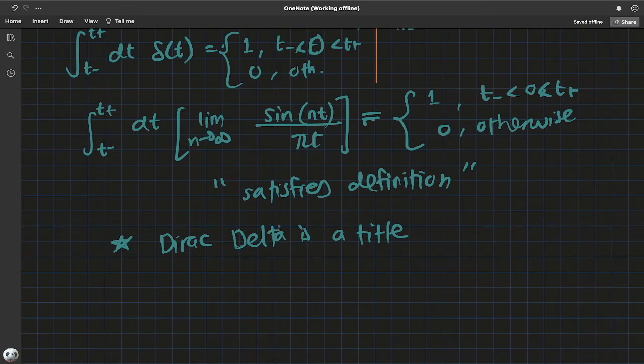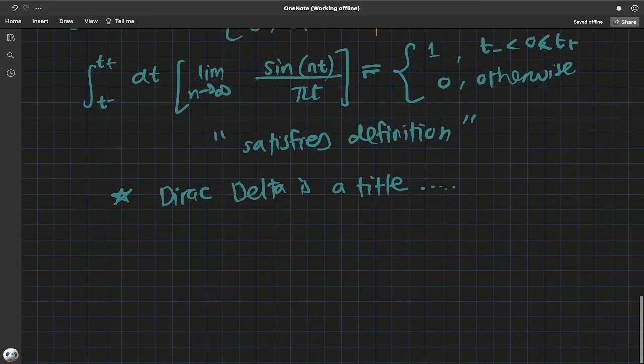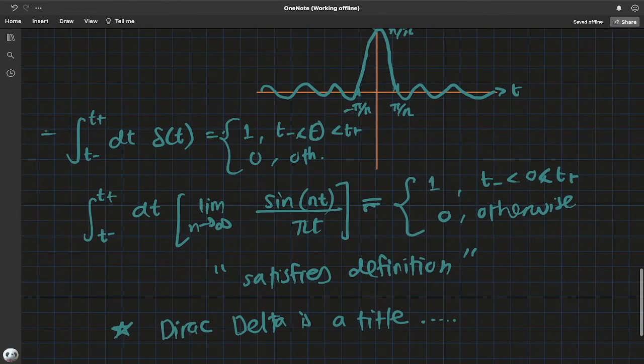There's no the Dirac delta function, everything's like a Dirac delta function. That's what I'm actually trying to show you here, that it's just a title that a function, a special function, or an object can take if it satisfies this property.